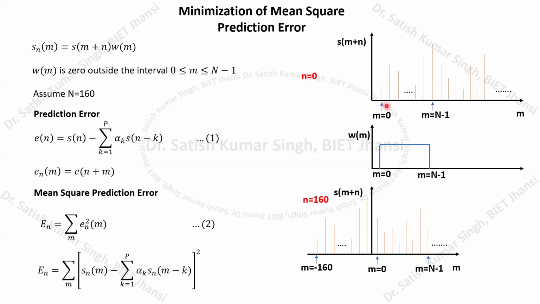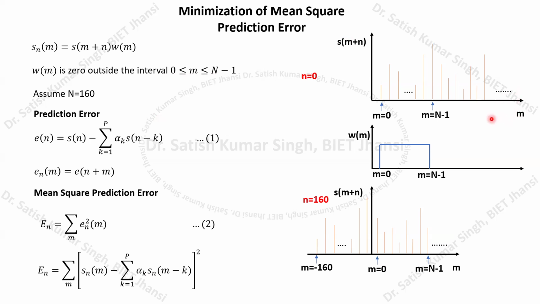You can see this is the speech sequence that we have, with different sample numbers marked here, going up to a certain value of m. If it has, let us say, 40,000 or 60,000 samples, based on the duration of your speech signal, m will go up to that particular sample index, right?